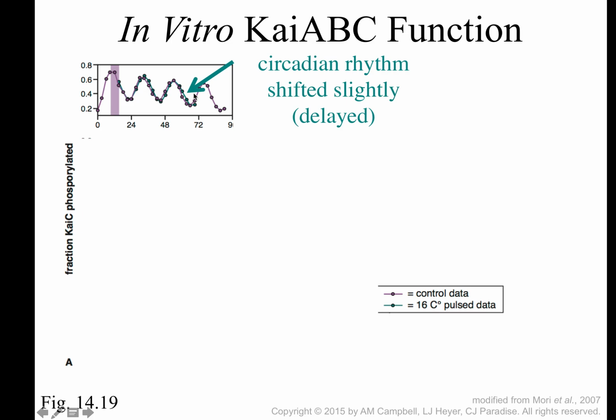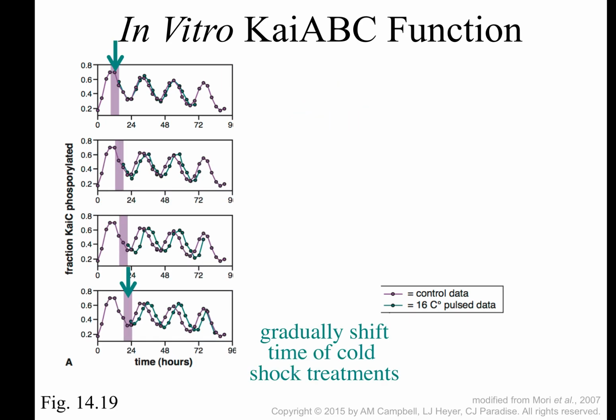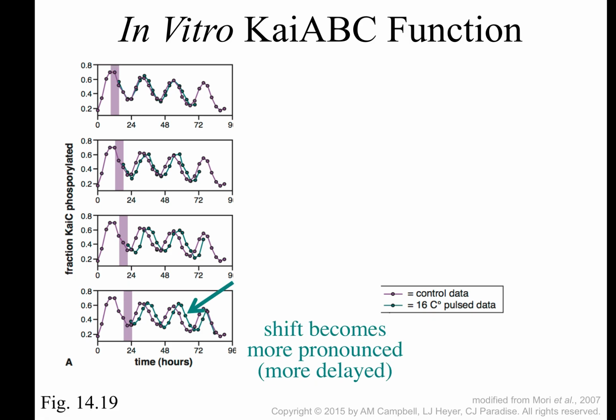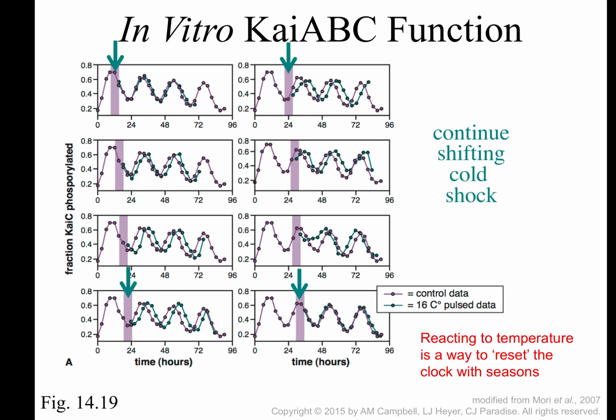So you're slowing down these cells, and the rhythm is slightly shifted to the right. Okay. And if you continue that over days, the shift becomes more pronounced over time. And if you keep on going, it gets more and more shifted.